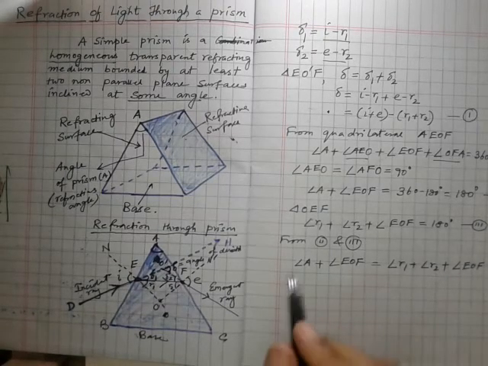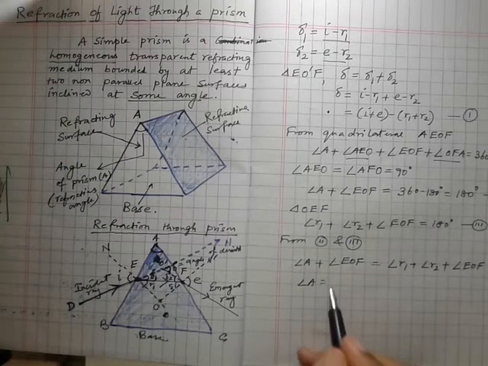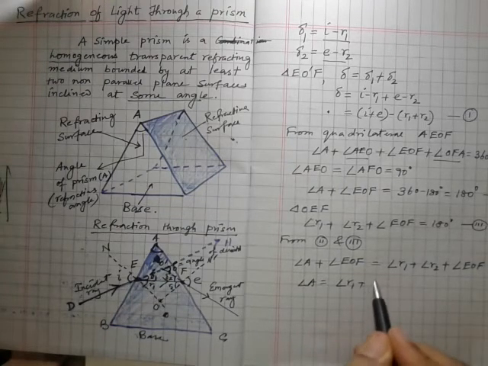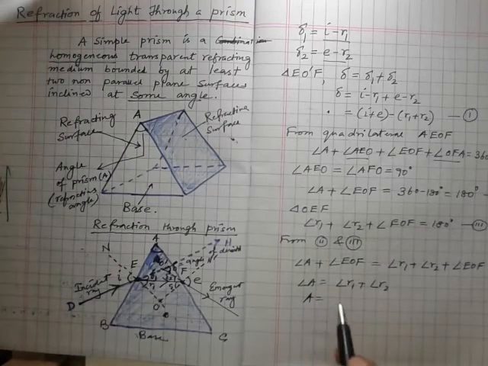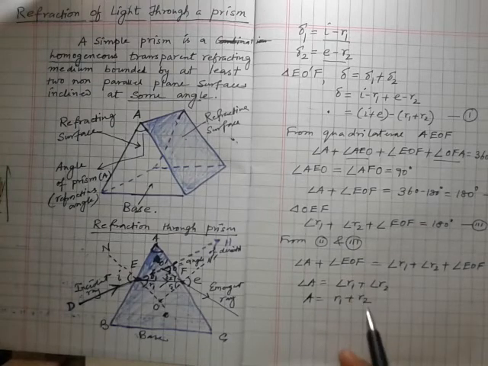Here it will get cancelled. So angle A is equal to R1 plus R2. Sometimes they can ask the question, what is the value of A? A is equal to R1 plus R2.